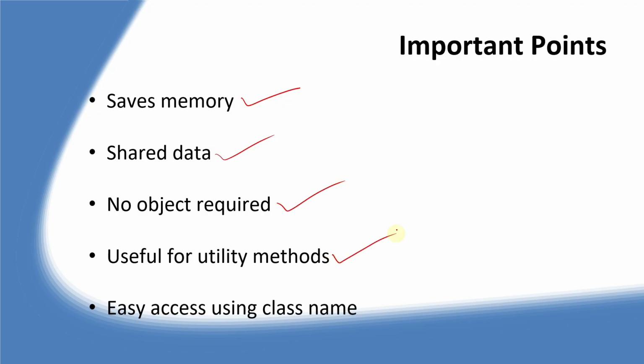Mostly these are used for utility methods. We'll see what utility methods are in the project we'll create at the end of this course, and how we use static methods and static variables.